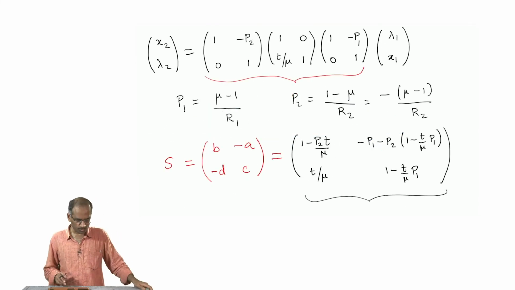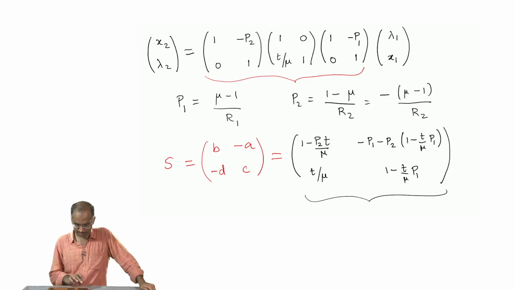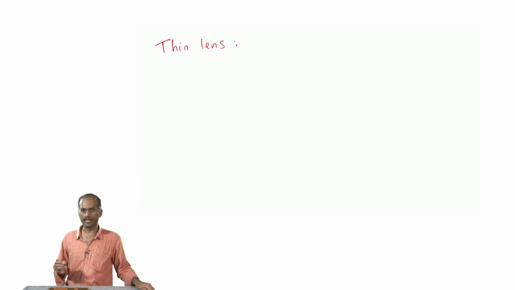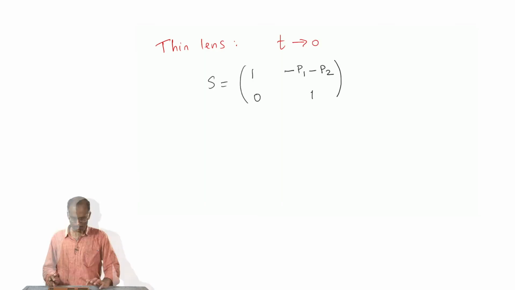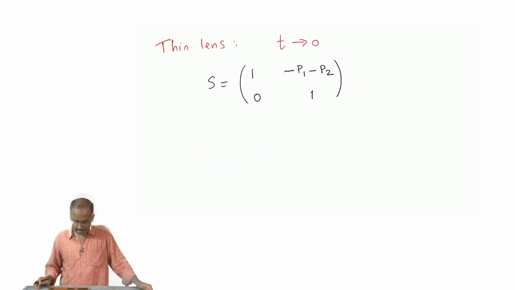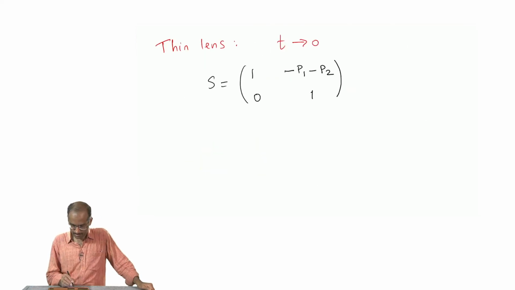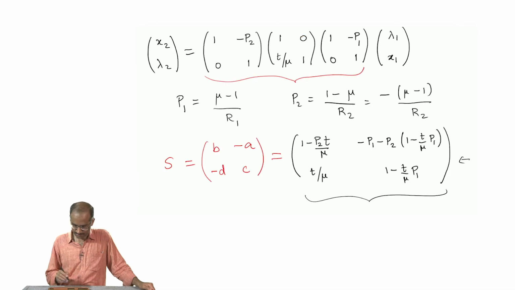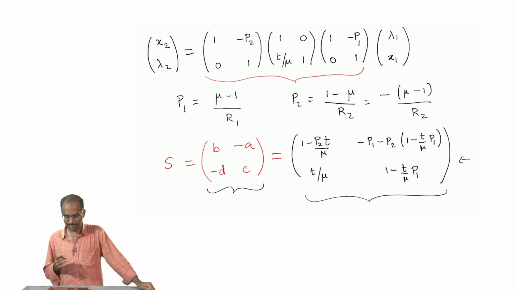Now, if I have to specialize to the case of thin lens, then I need to take the limit of thickness T going to 0. So, just put T equal to 0 in this matrix, and you should get this. And now, if you compare this with this matrix here, you can write what is A, B, C and D.